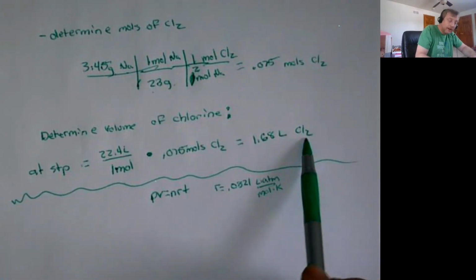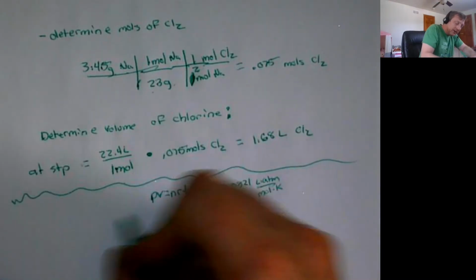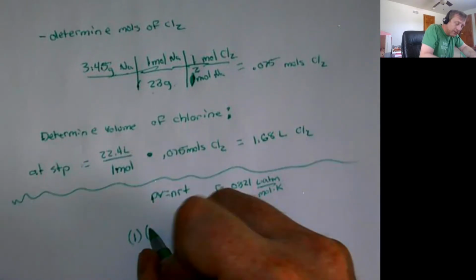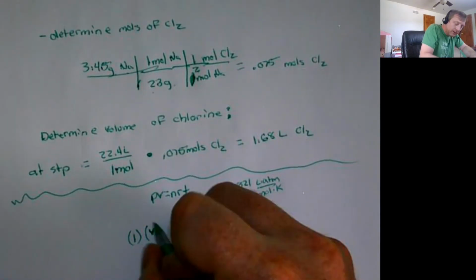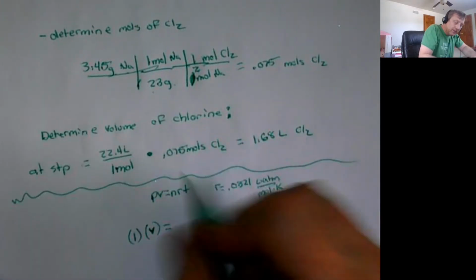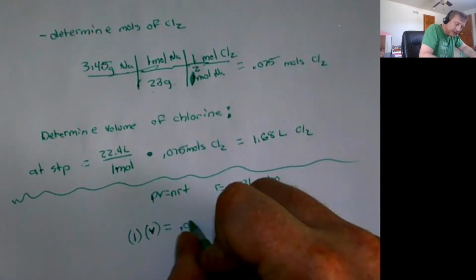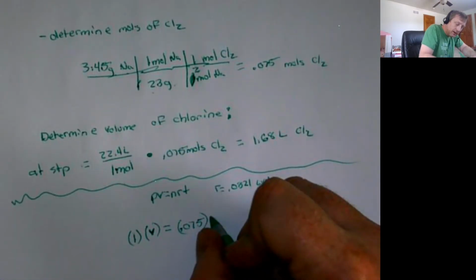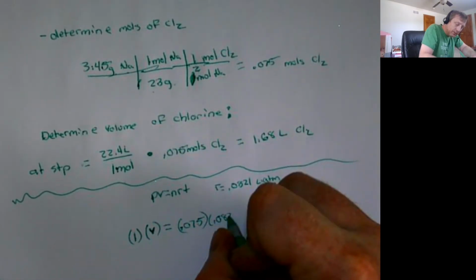We said we had a pressure that was standard, so that's 1 atmosphere. We have the volume that we're looking for, so we're going to leave that just as V. The number of moles that we had were 0.075. R is 0.0821.